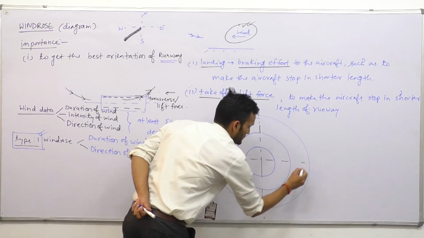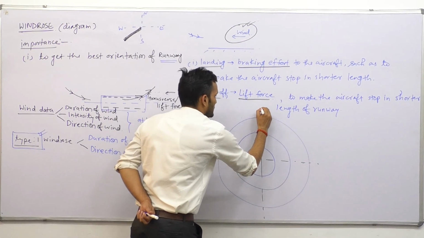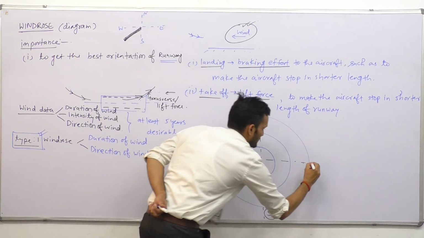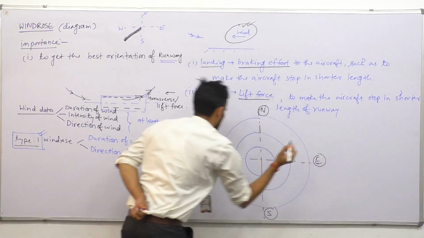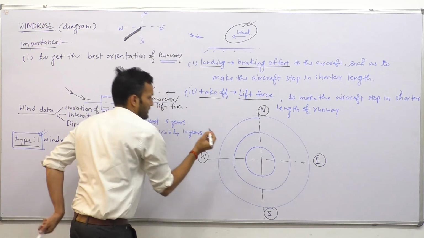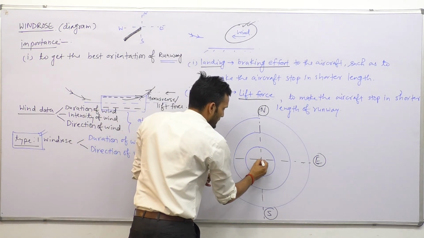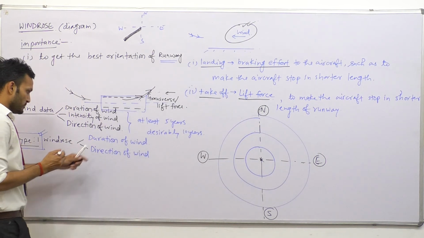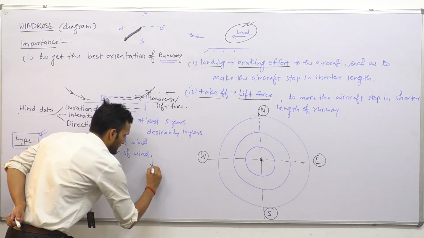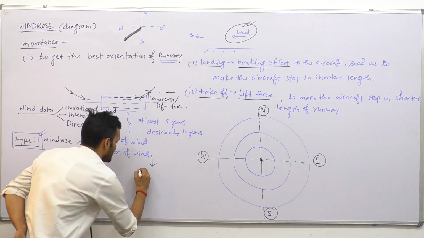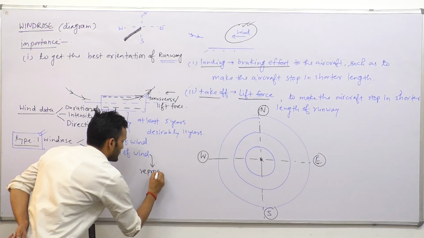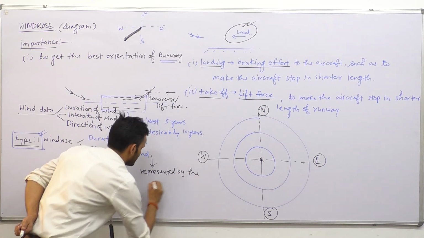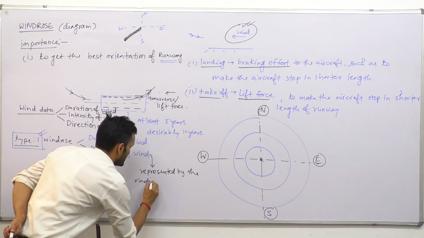If this is north, this direction is south, this is east, and this is west, the radial lines from this location denote the direction. So one data is regarding the direction, which is represented by the radial lines.